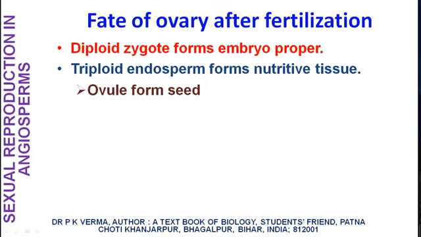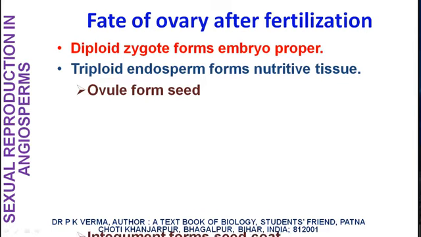The major part of rice, maize or wheat is made of endosperm, and the food helps the embryo when the embryo germinates to form a new generation of plant.